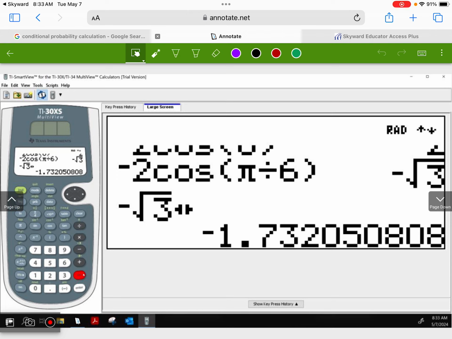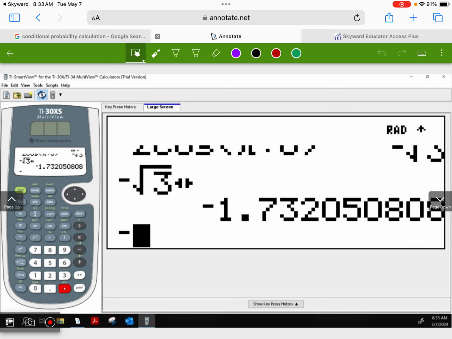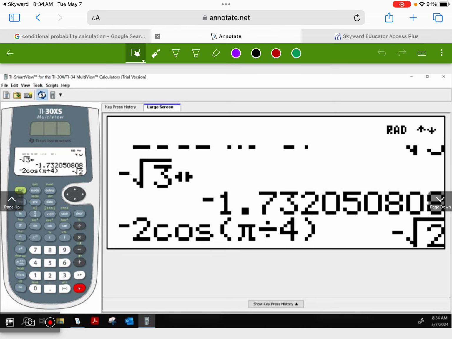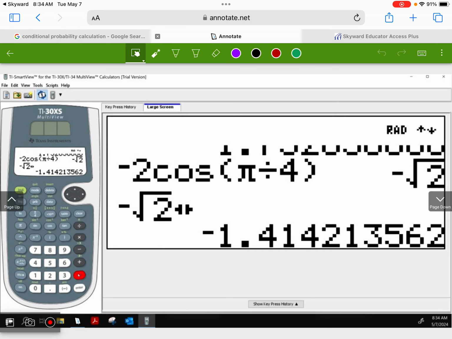I'm going to type in one more and then let you all finish the rest. -2 cosine pi over 4. There's a little bit of lag on my computer, so that's why I'm going a little slower. -1.4.